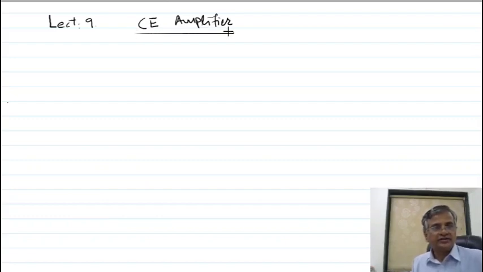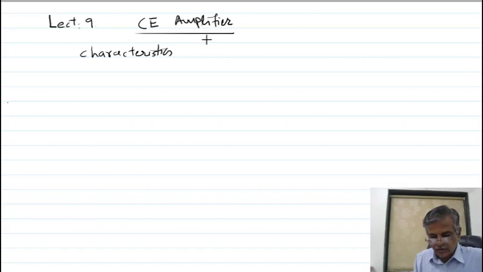Up to lecture 8, we have discussed the characteristics of transistor. We have discussed characteristics for common emitter and common base.